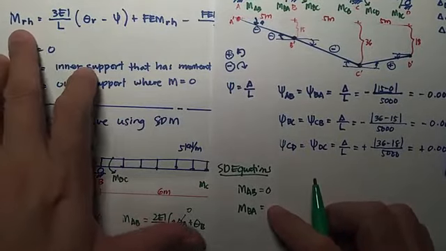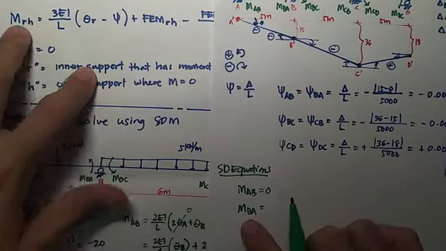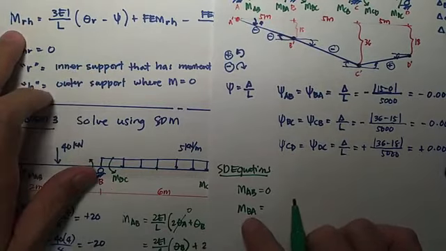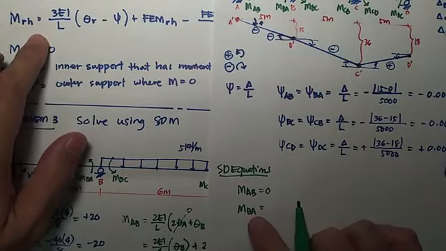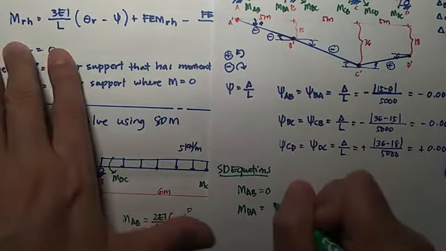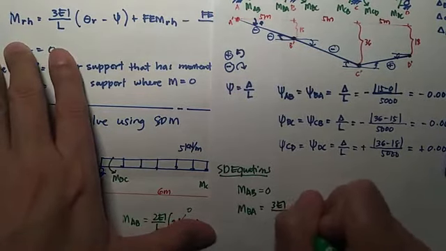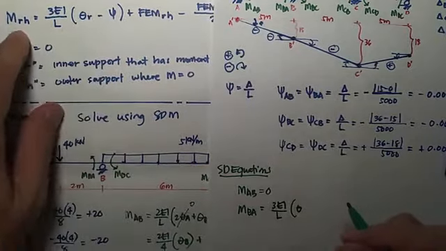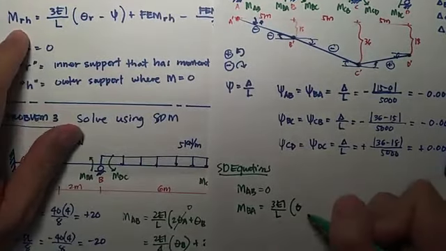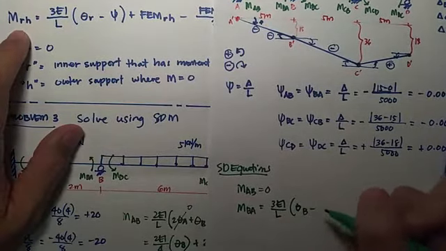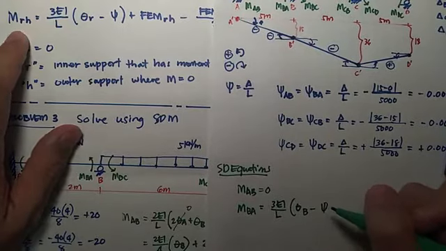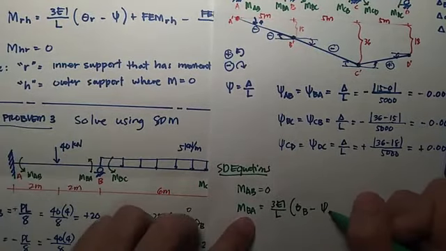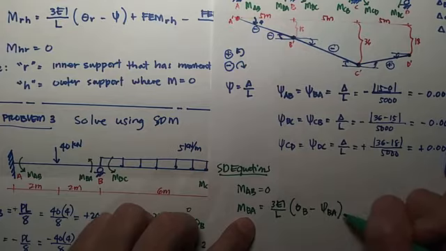We have MBA. So yung R natin dito, yun yung B. Yung H, yun yung magiging A natin. So that is equivalent to 3EI over L, theta R is the first letter, so that would be theta B, minus the psi on BA. Okay?